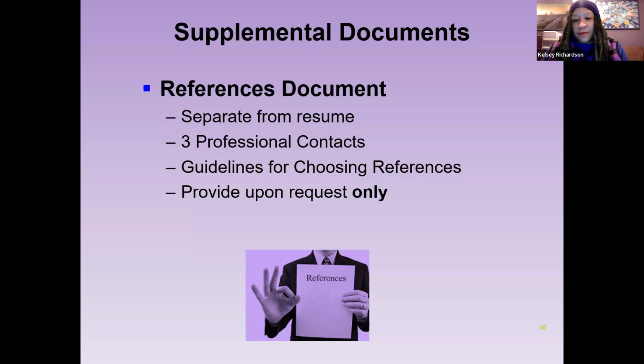Make sure you check with your references and get their permission, because you don't ever want a reference to be surprised. Don't assume that because you did well in a professor's class, they would be a reference for you, or that a former employer would definitely say great things about you. Usually you have a good sense of that from having worked with them, but you'll get more of a sense when you ask, would it be okay for me to use you as a reference?